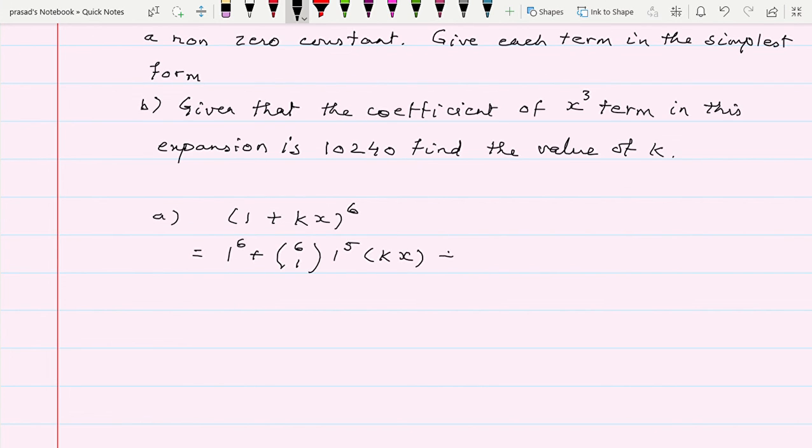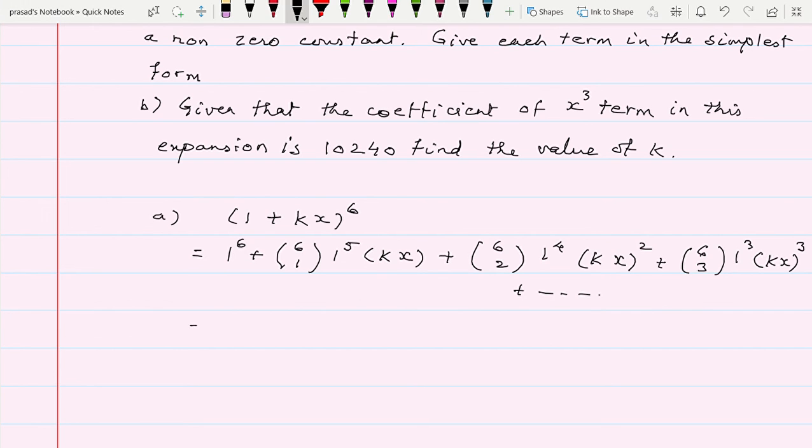Then 6c2, 1's power will be 4, kx the whole square, and the next term will be 6c3, 1's power will be 3, and kx the power will be 3. See that the total power of both together comes out to be 6. So these are the 4 terms.